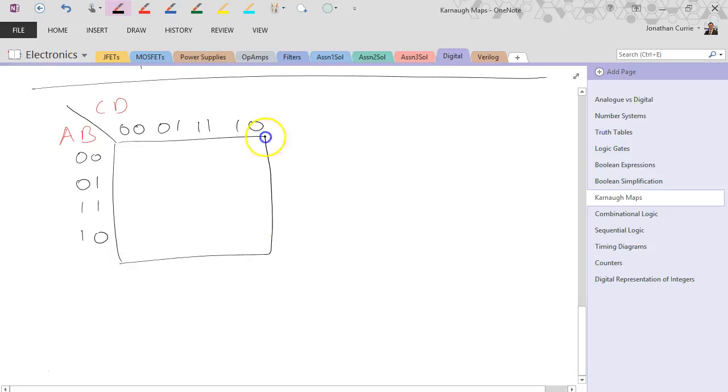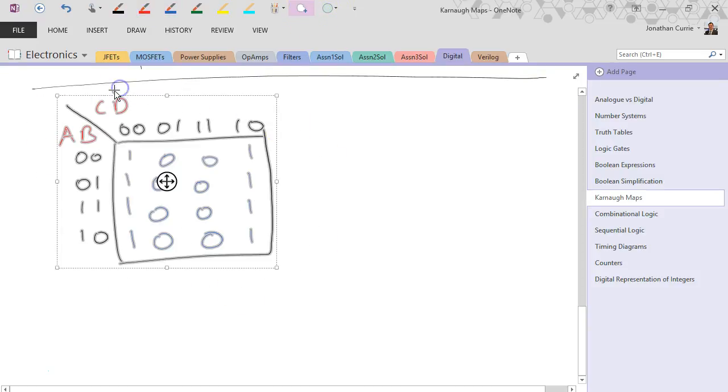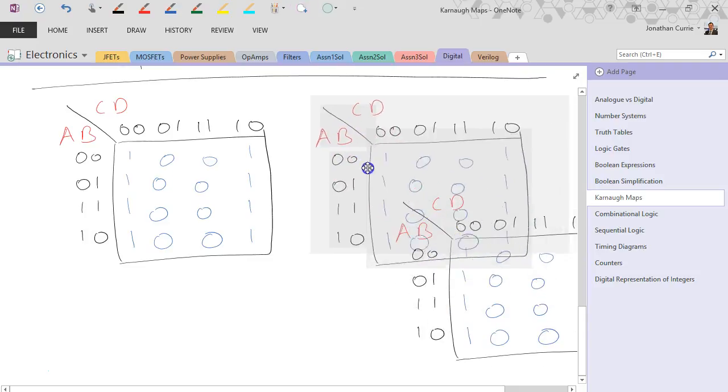I just want to give you a few examples of how you might circle things if this was your Karnaugh map. Okay, so in this case, I might just copy this so we can use it again later.